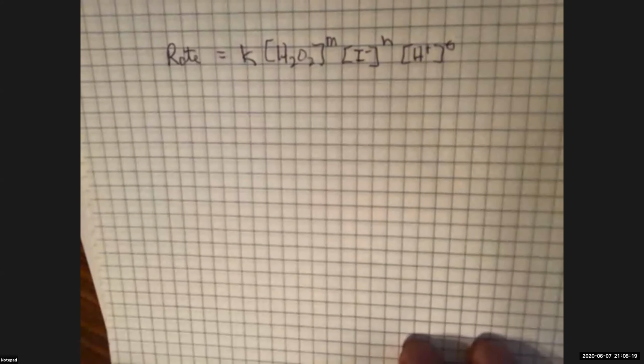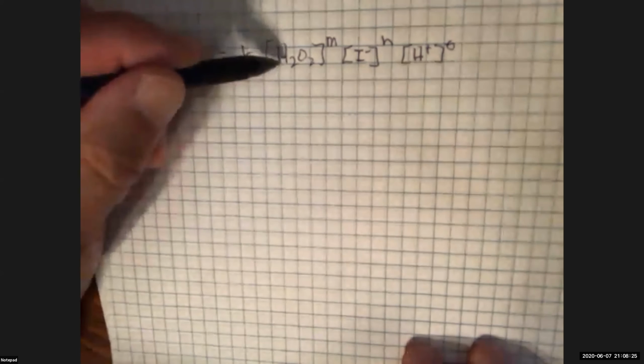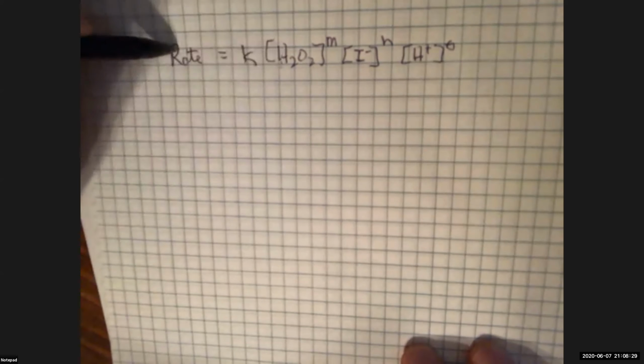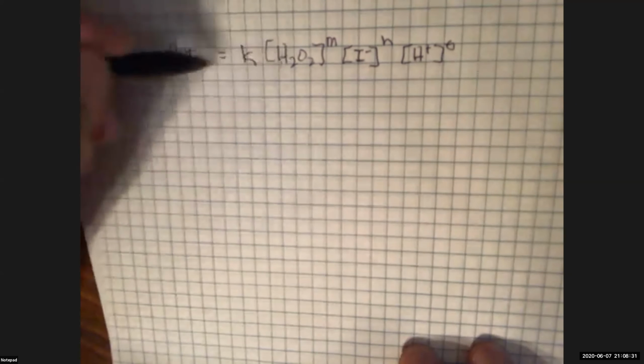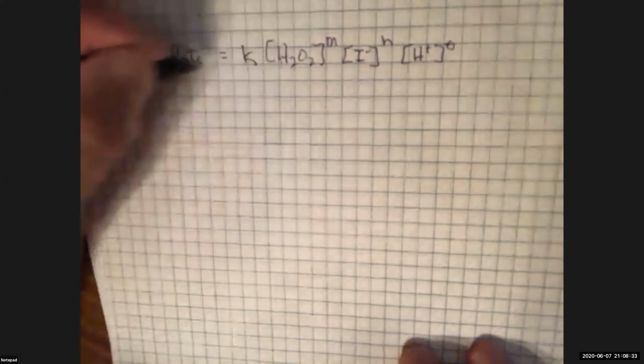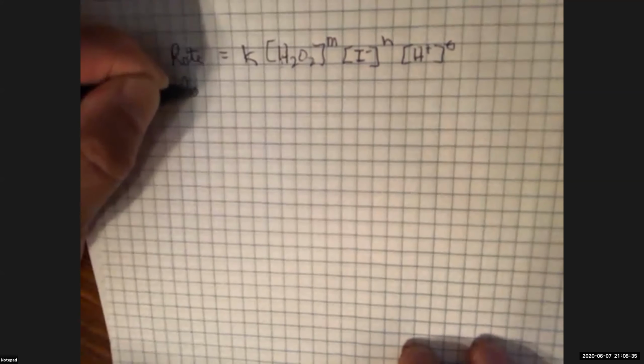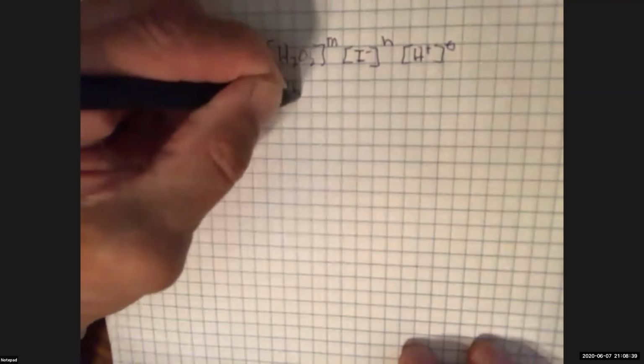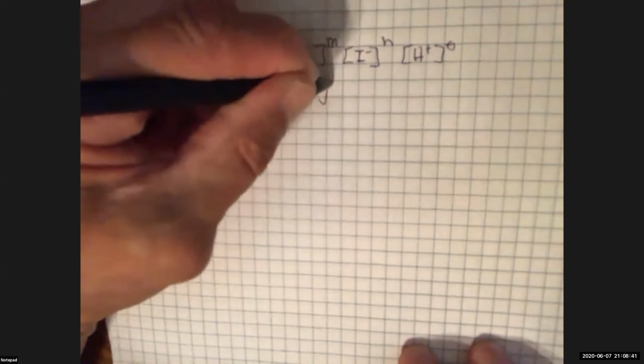What we found out from looking at the data, the initial rates at the various concentrations, is that when you doubled the H2O2 concentration, the rate doubled. So there's a one-to-one correspondence here, which means m equals 1. So the rate is going to be the rate constant times H2O2 to the 1.